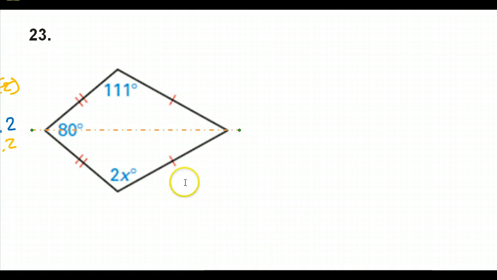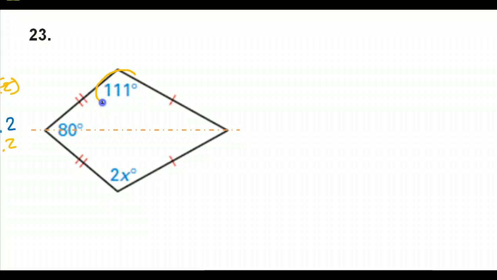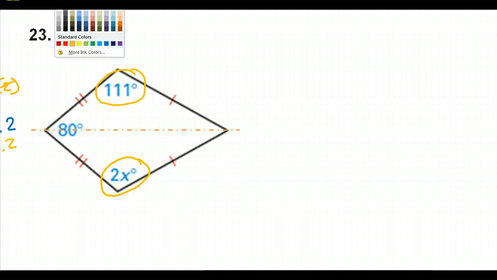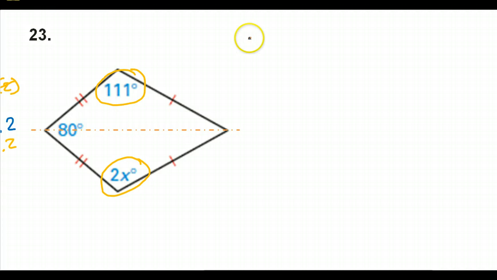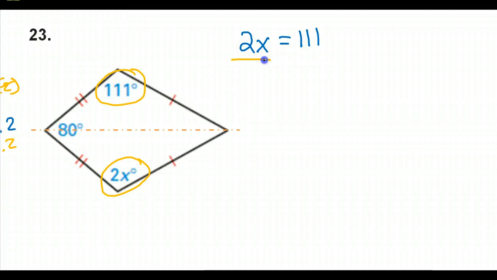Okay, because that is a line of symmetry, I am hoping that you can see that this angle and this angle should be congruent. They should be equal to each other. So I can just make a simple little equation out of that. So 2x should equal 111. And then we will simply divide by 2.